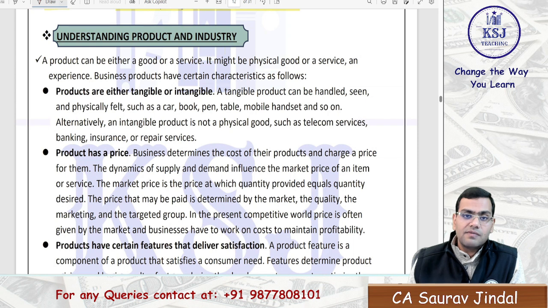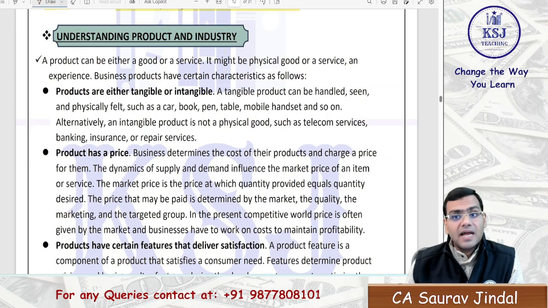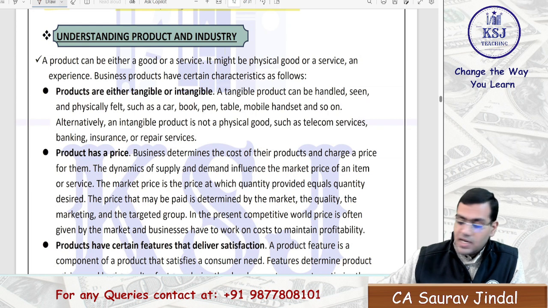That is why analysis of the product, or understanding your product, is very important in respect to the environment in which you are operating your business and planning to sell your product. Everything is important to understand.